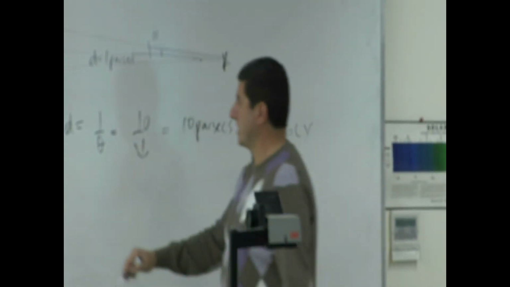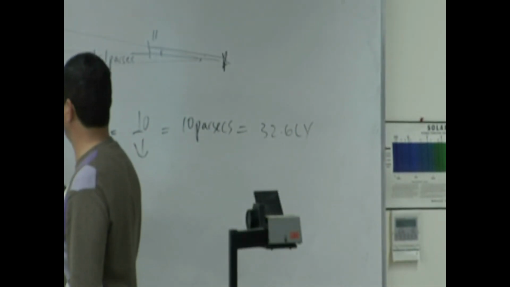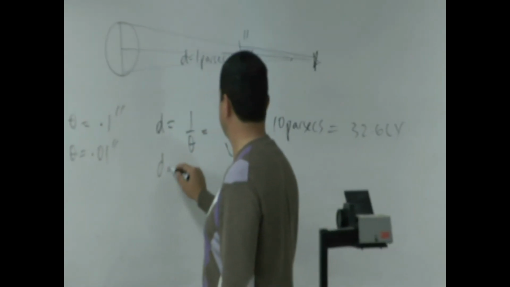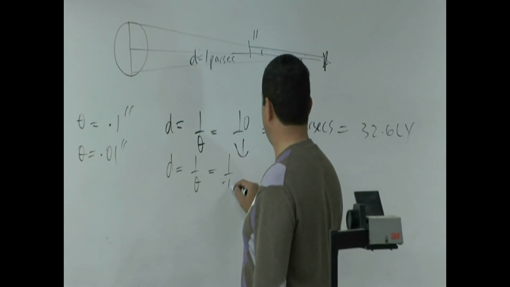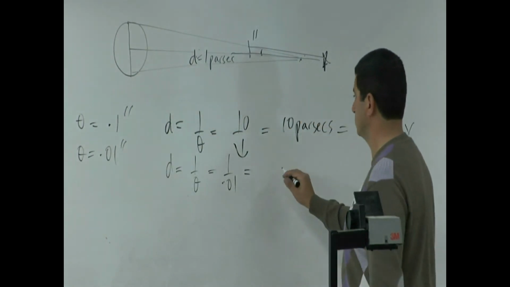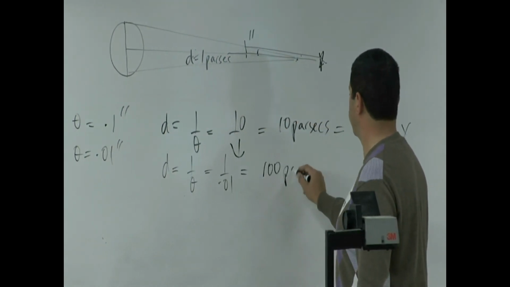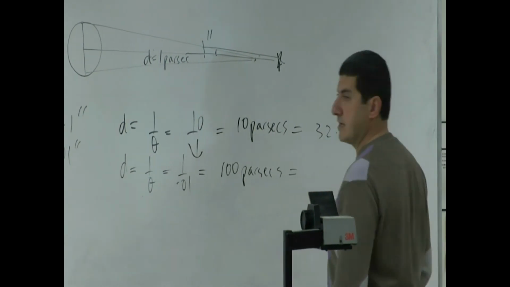And then I can keep doing that. If the parallax angle of a star is 0.01 arcseconds, 1 over 0.01 gives you what? 100 parsecs. How many light years?